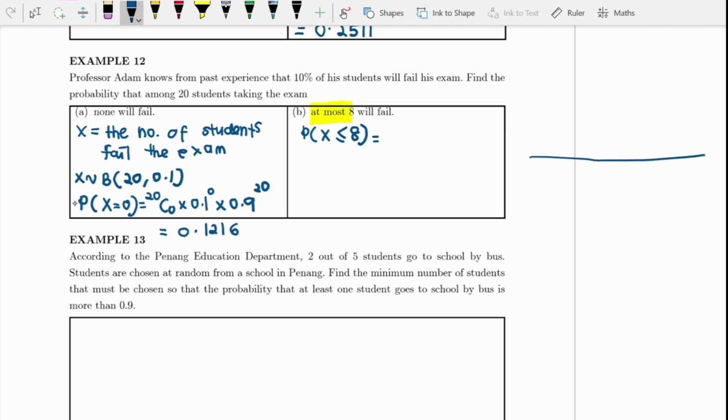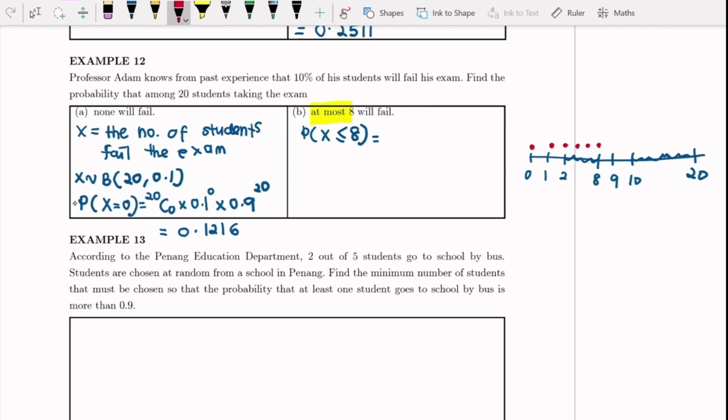So let's look at this number line: 0, 1, 2, ..., 8, 9, 10 up until 20. We know that we have x less than or equal to 8, so this part.